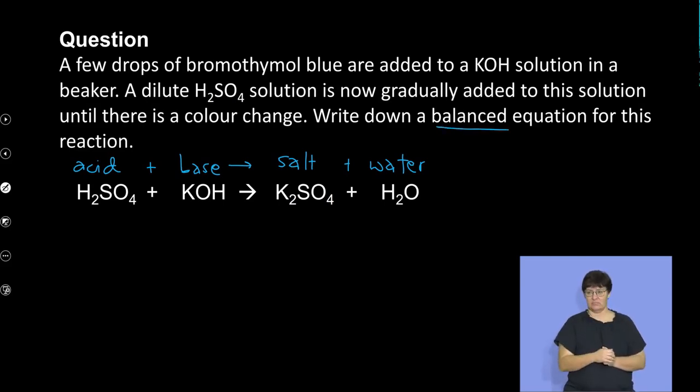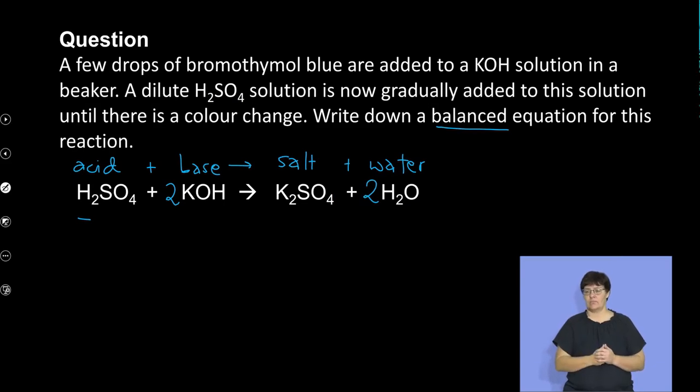Now, if we look at this equation, if you look at potassium on the right-hand side, it's K2. So we need to put a 2 there, right? And then we check the hydrogen. Hydrogen on the left is 4: 2 from the sulfuric acid, and then 2 in potassium hydroxide. Then we can put a 2 there.